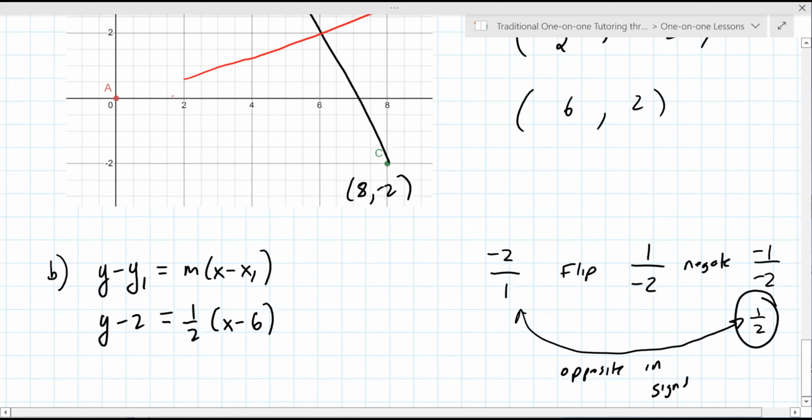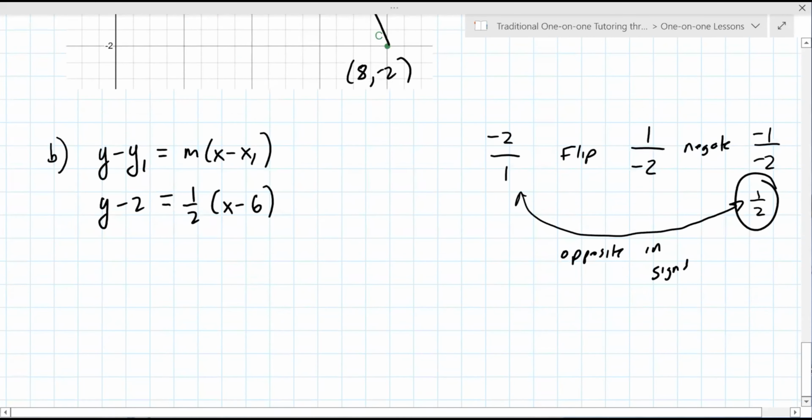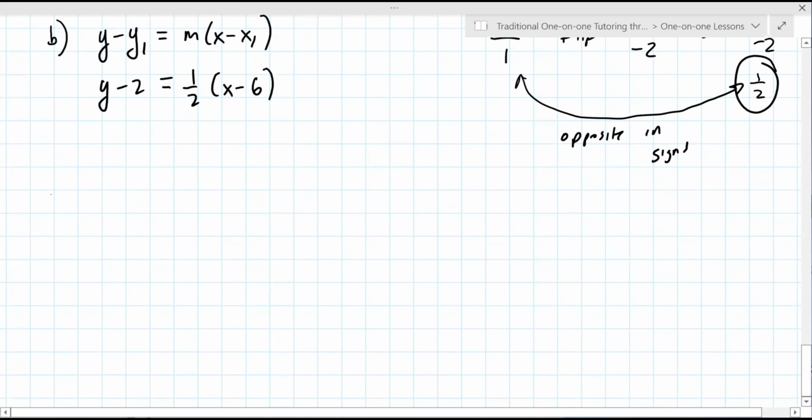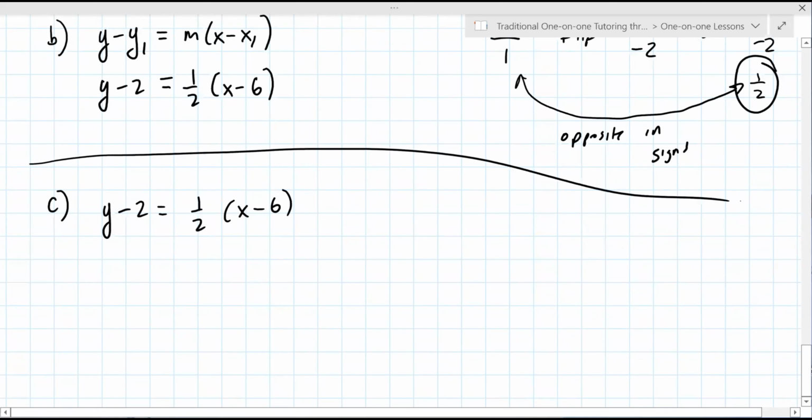All right. Now, the next part of this problem, C and D: the drawing and all the stuff we did is irrelevant. Once you have this equation, that's how you can move through C. C says to find the x-intercept and the y-intercept.